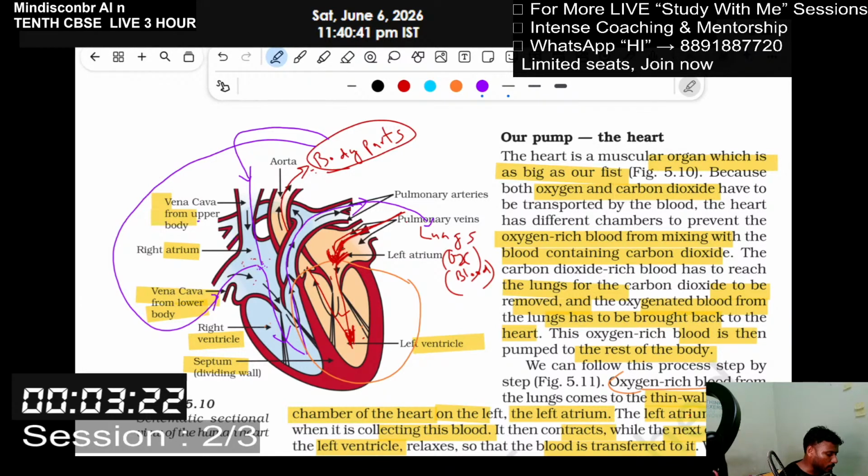From the upper body and from the lower body there are different vena cava. That vena cava releases blood to the right atrium.